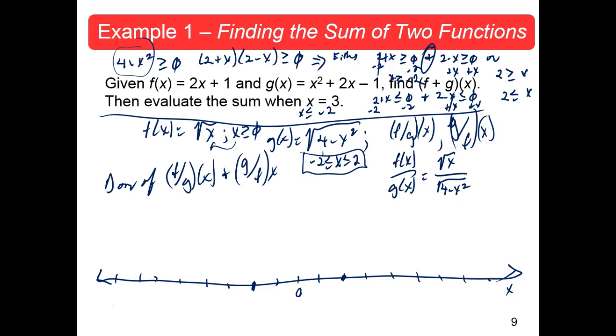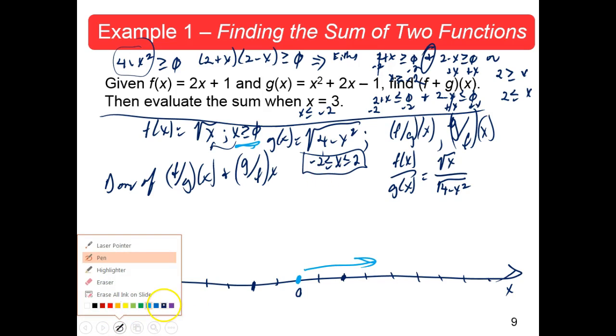Now, how do I express x greater than or equal to 0? How do I express that domain here? You start with 0, and it's included because of the equal sign. And then which way do we go? To the right. Then we already did this one, so I'm going to go back to dark blue here.